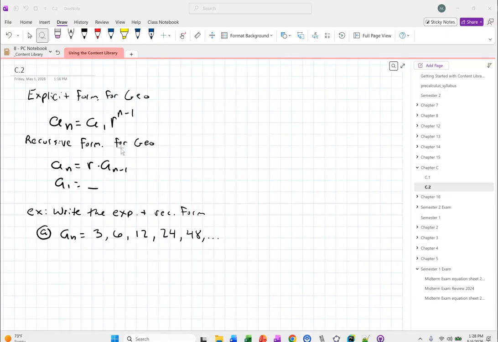When we talk about an arithmetic sequence, that's the same as what kind of function? Just like a linear function. So anything you could do with a linear function, you can do with an arithmetic sequence, right? When we talk about geometric sequences, that's the same as what type of function?